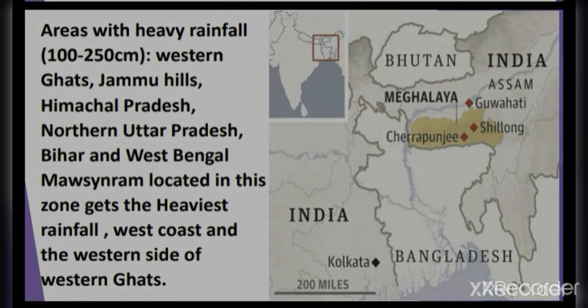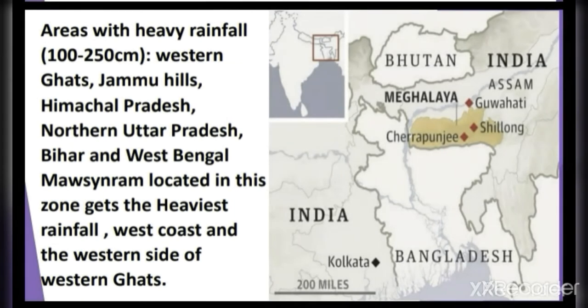Areas with heavy rainfall, 100 to 250 centimeters. Those areas are Western Ghats, Jammu Hills, Himachal Pradesh, Northern Uttar Pradesh, Bihar and West Bengal, and then Meghalaya.